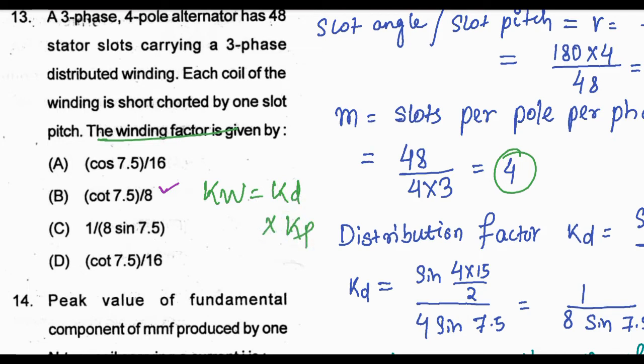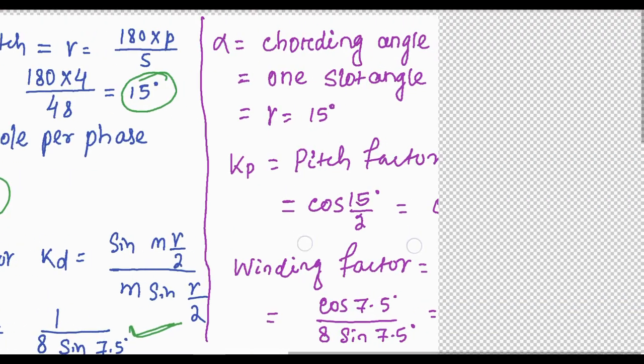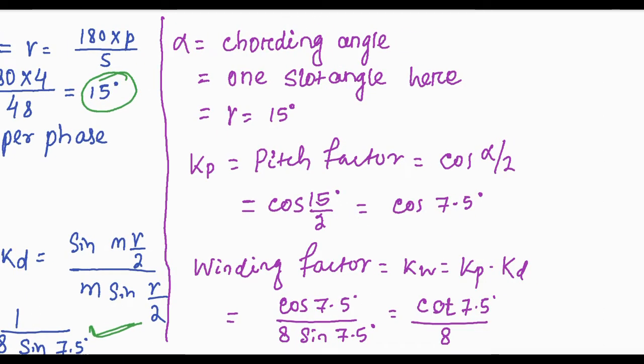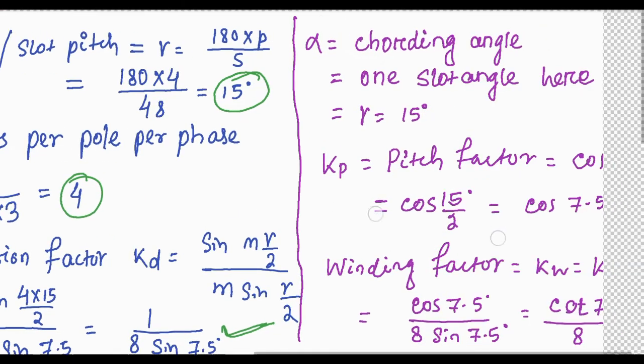So we also have to find the pitch factor. How can we find that? Alpha is the chording angle, and here it is given that it is short chorded by one slot. That means alpha is one slot angle.